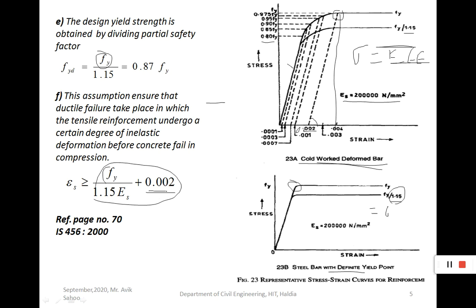Why this limit? Because it ensures that the member fails in a ductile way. When the member fails, you have to go beyond the yield strain, so that the deformation takes place. When you design, this deformation takes place, which means it fails in a ductile way. So both steels fail in a ductile way.